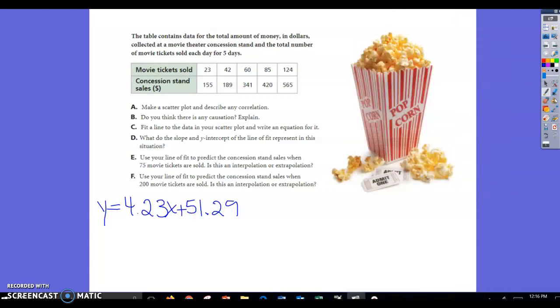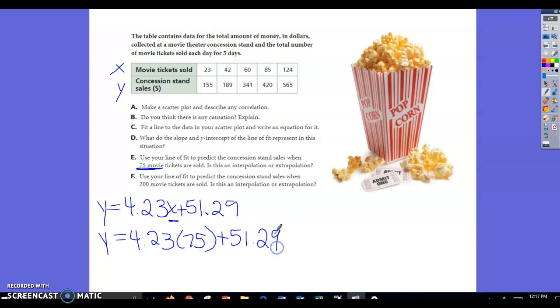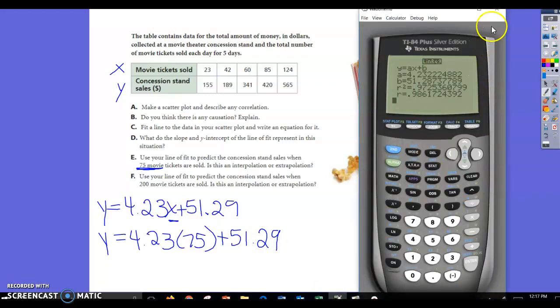Now we want to know if 75 movie tickets are sold. So we know that we entered this for X and this for Y. So for X, all we have to do is enter 75 tickets. So we're going to put 4.23 times 75 tickets plus 51.29, and I can use my calculator to do that.